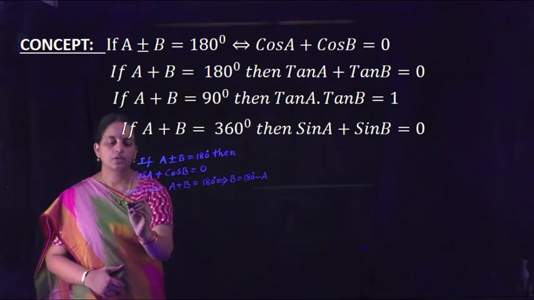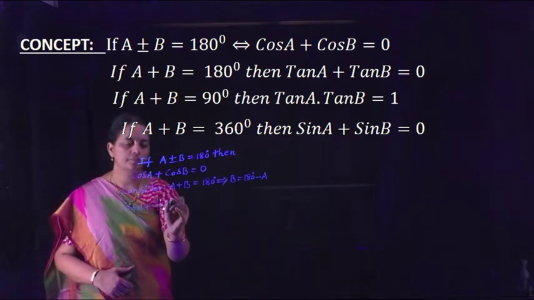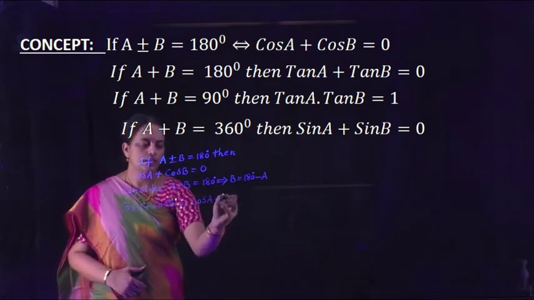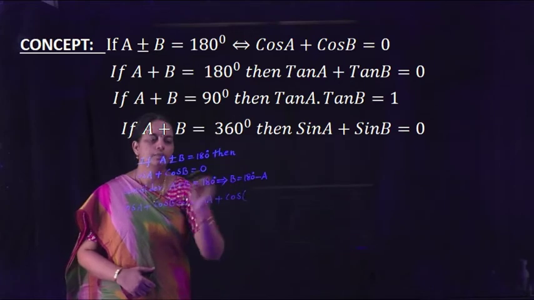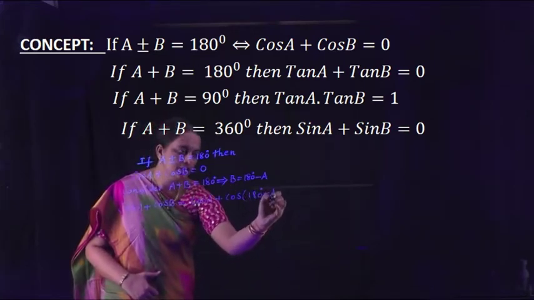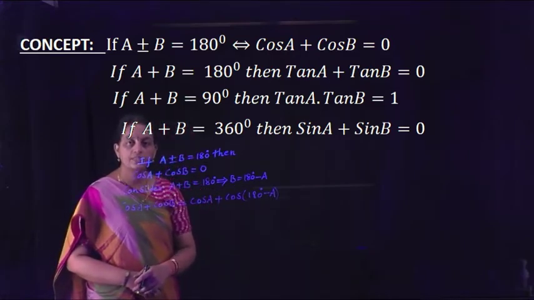Consider cos a plus cos b, that is equal to cos a plus cos of b, meaning cos of 180 minus a. Here 180 minus a lies in the second quadrant.